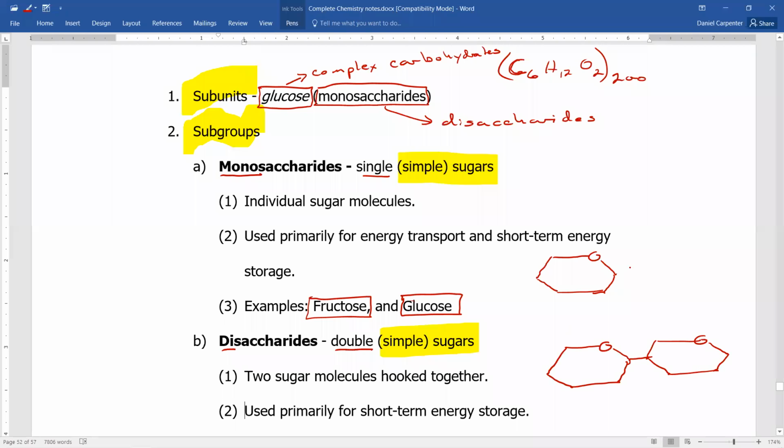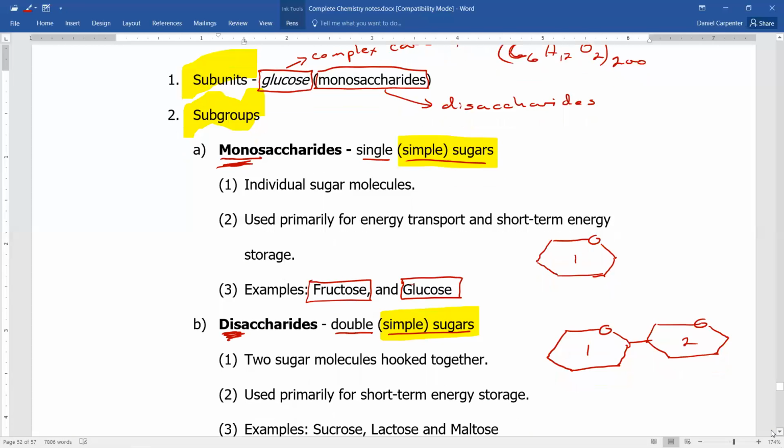So that is 1 sugar molecule, monosaccharide. This is 2. Okay, so 1 sugar molecule. This is 2 sugar molecules, so it is a disaccharide. But they are both thought of as simple sugars.